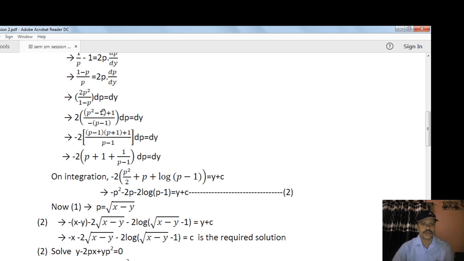Minus 2 into, now this is of the form a square minus b square, a minus b into a plus b, p minus 1 into p plus 1 divided by p minus 1 into dp is equal to dy. Minus 2 into, split this term, p minus 1 gets cancelled, it will be p plus 1 plus 1 by p minus 1 into dp is equal to dy.